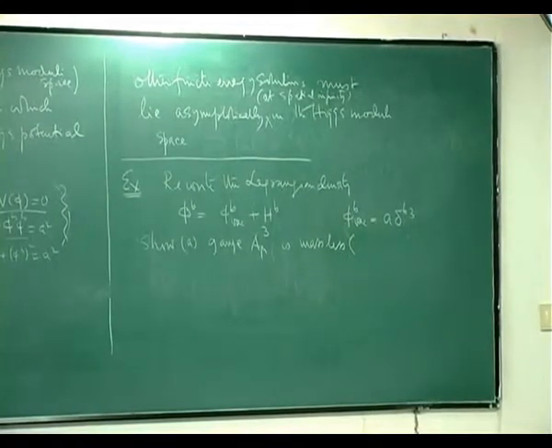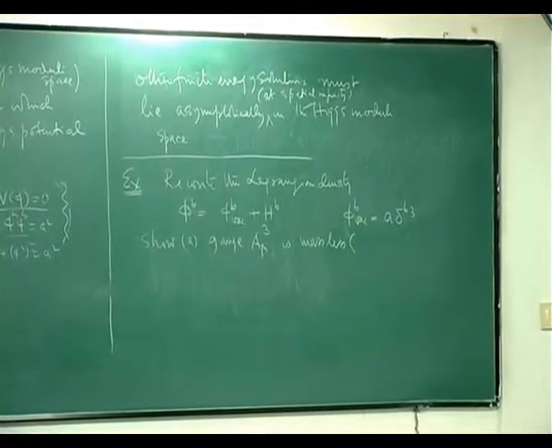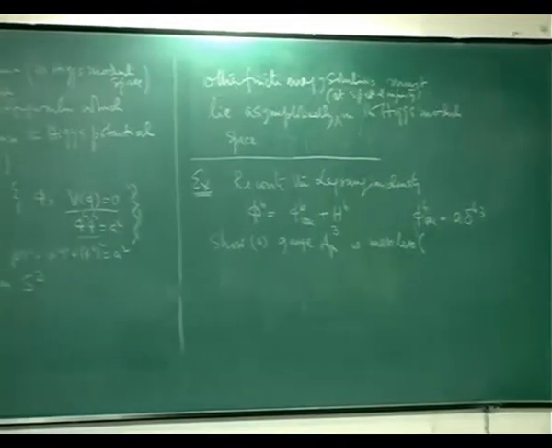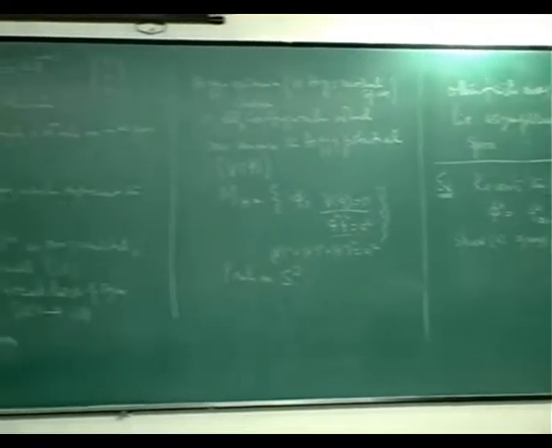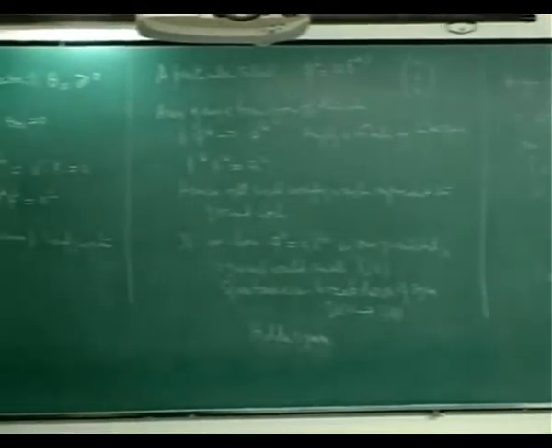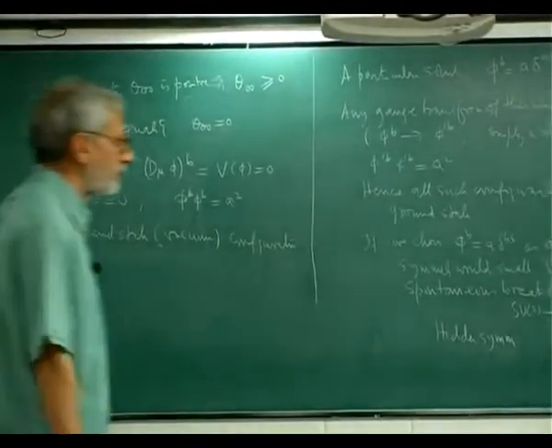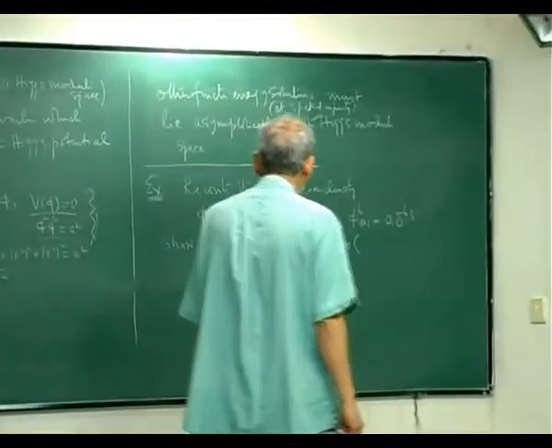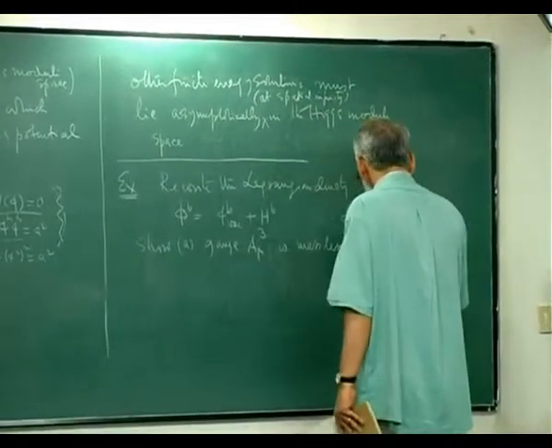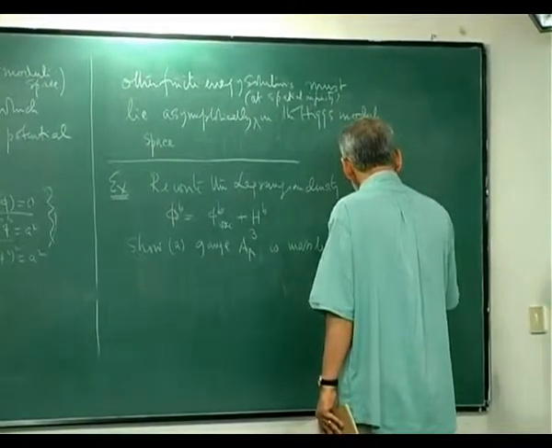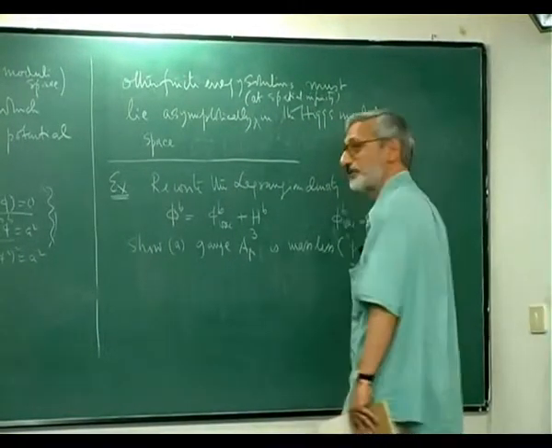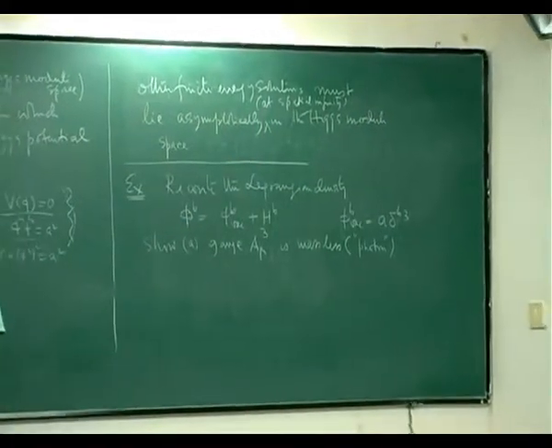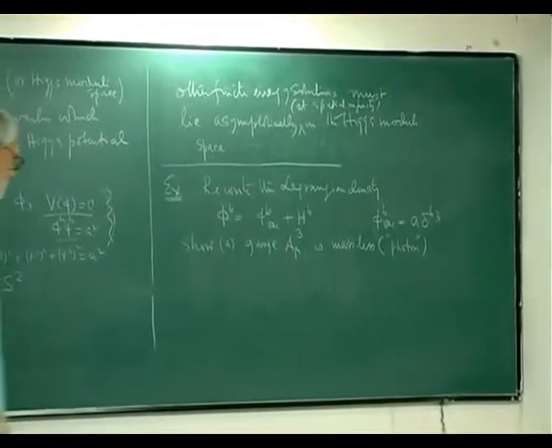So A mu 3 in particular was one of those gauge fields out of the 3. That gauge field will still not have any mass term. Mass term means an A3 square term. So it will be massless, and since it's massless, we'll identify it with the photon of this theory. So that is one.